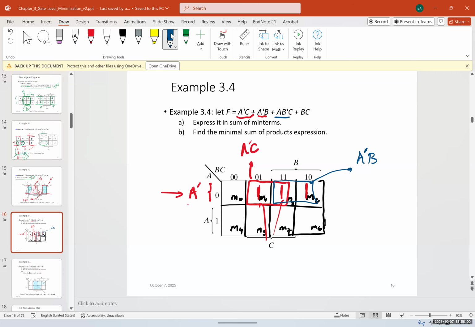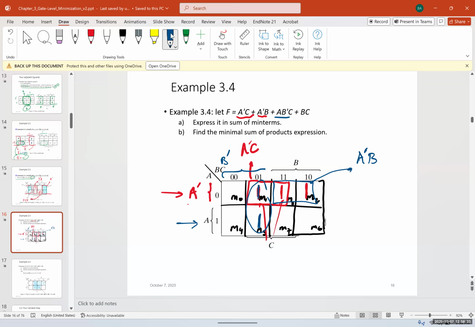Next, I have a b prime c. So a, it means it's in the second row. It's in the b column, I'm sorry, b prime column, which is this column over here. This is b prime. And it's in the c column. So it's going to be these 2.